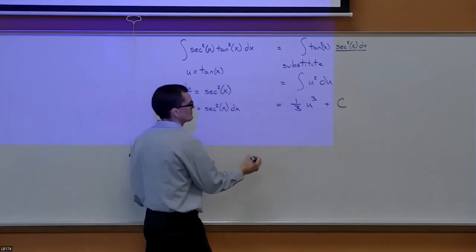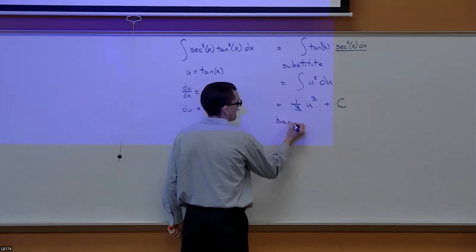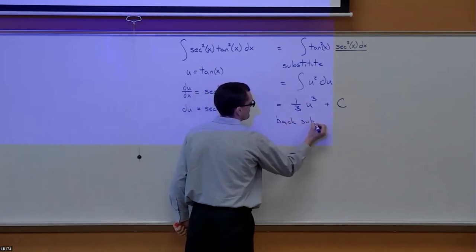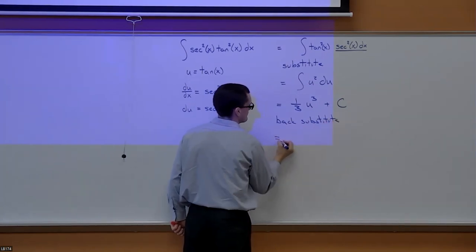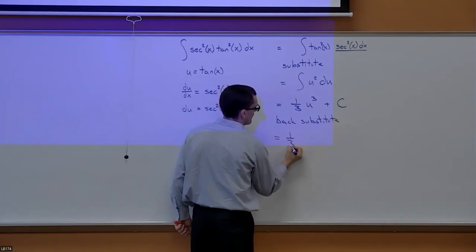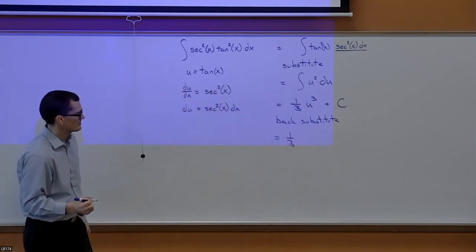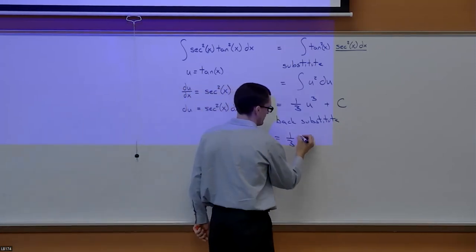And then I back substitute. One-third u is tangent, so that's 1/3 tangent to the 3rd plus c.